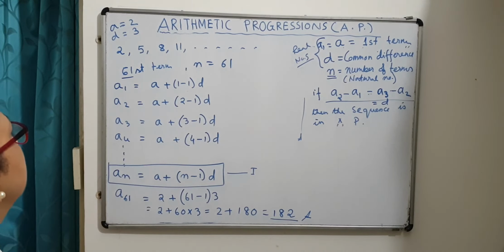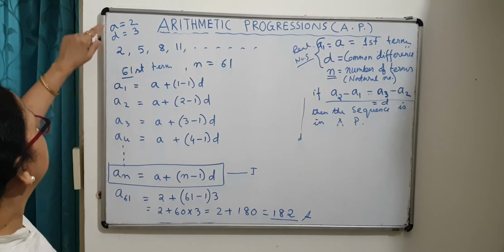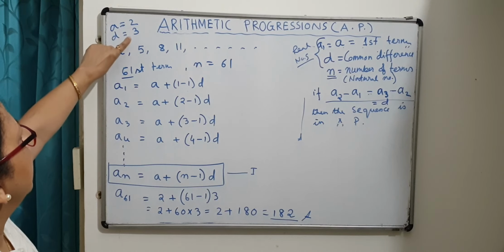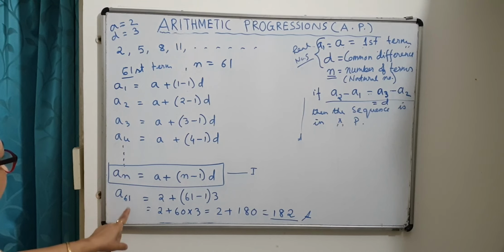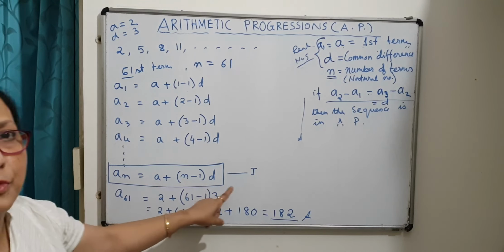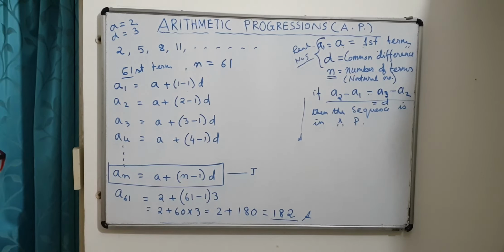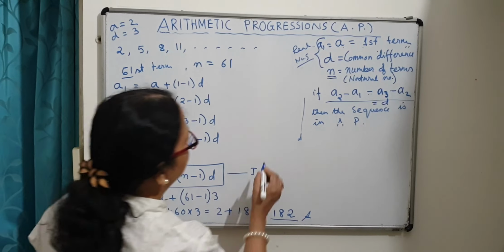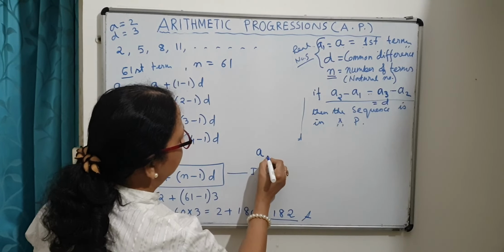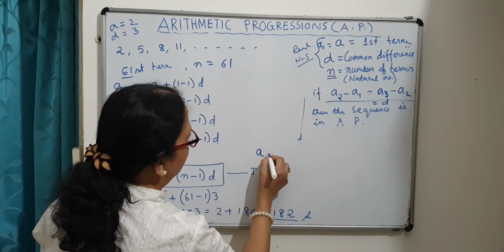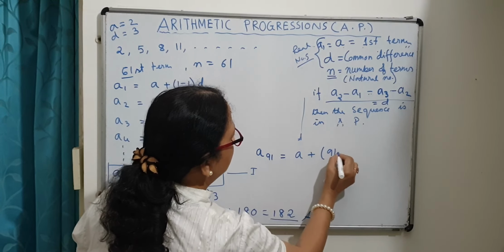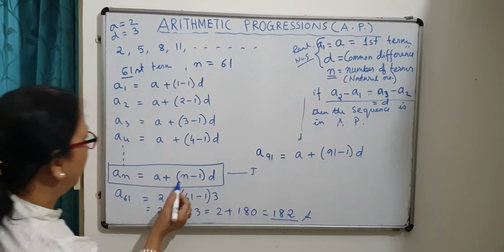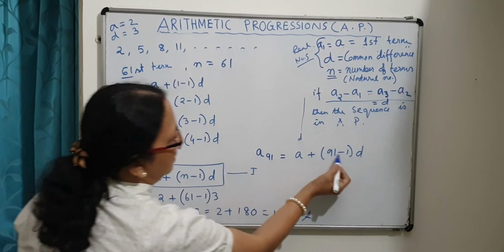So if I simply know the first term a and the common difference d, I will be able to find the value of any term using this formula. If now I have to find, say, a91, it will be a plus 91 minus 1 into d by this formula. n is 91, so n minus 1 d.